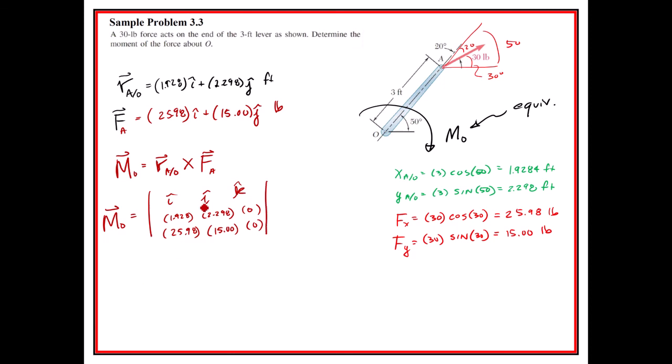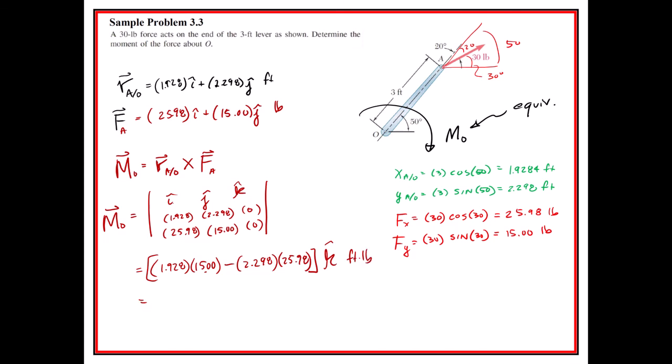And we actually don't need to do the I and the J. We already recognize that those zeros are going to cancel out. So what we're left with is 1.928 times 15 minus 2.298 times 25.98. Okay, and these are going to be foot-pounds.